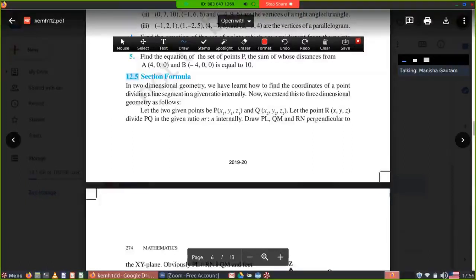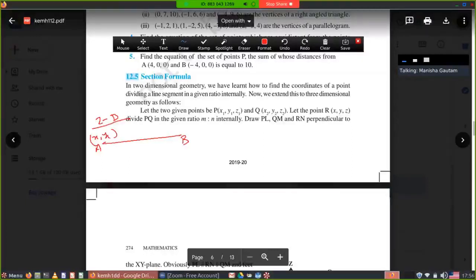As we studied in class 10th, the two-dimensional distance formula is as follows. Suppose A and B are two points having coordinates (x1, y1) and (x2, y2), because we are talking about two-dimensional, 2D, so two coordinates are there.